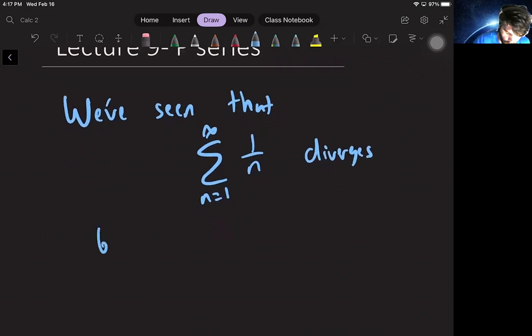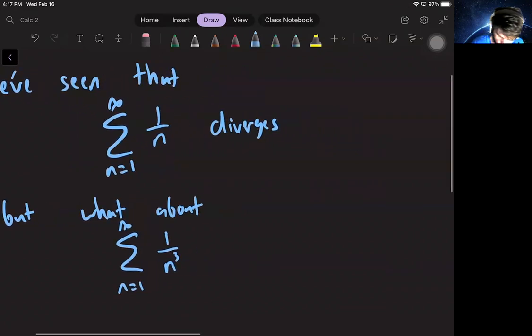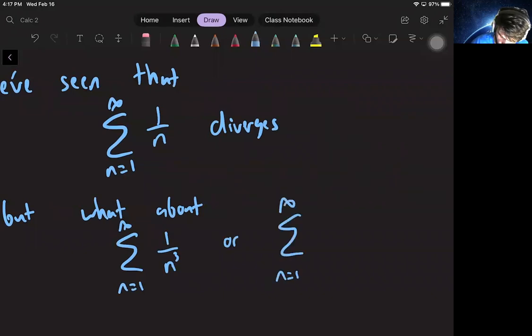But what about if I change the power of n? So for example, if I made this be like cubed or something, or I did a square root.